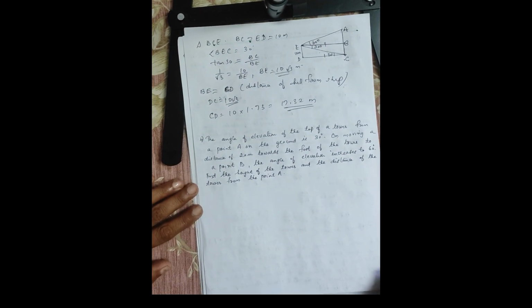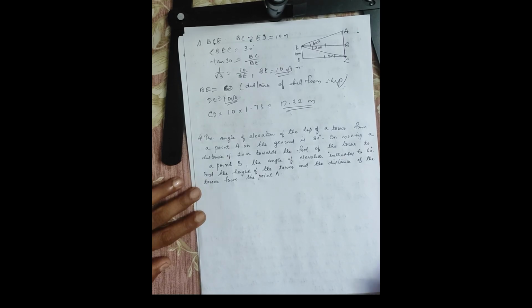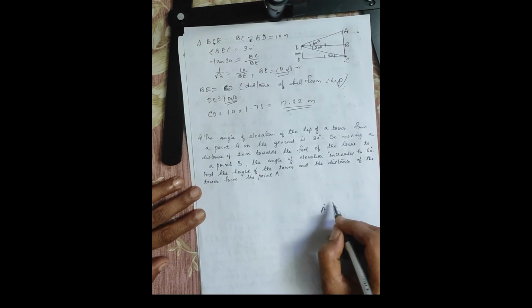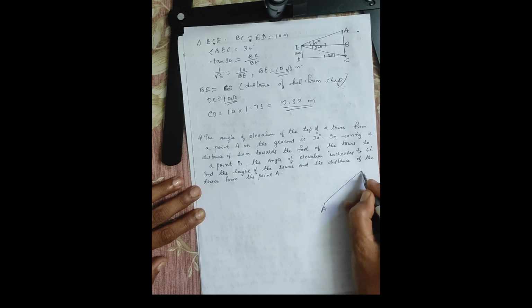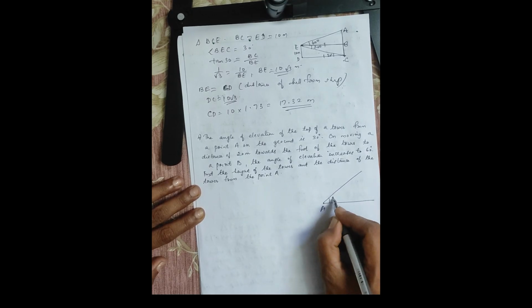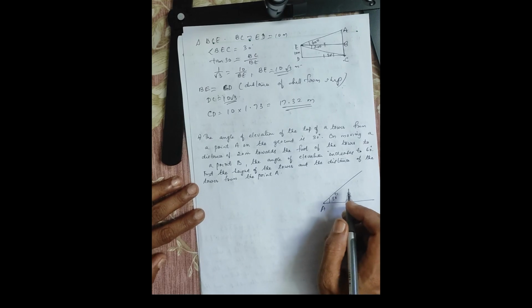Angle of elevation of the top of a tower from a point A on the ground is 30 degree to a point.